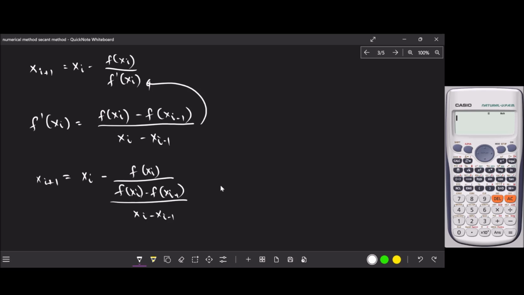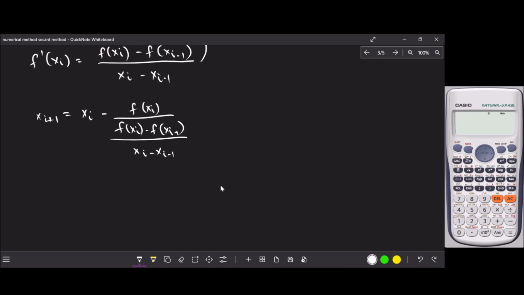Using the reciprocal rule, xi plus 1 is equal to xi minus f of xi, multiplied by xi minus xi minus 1, all over f of xi minus f of xi minus 1.